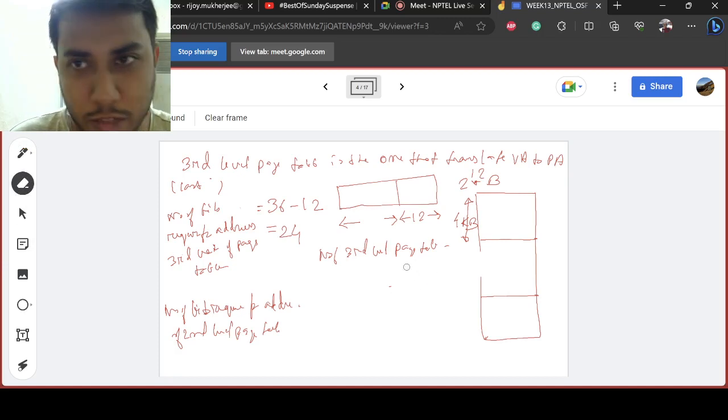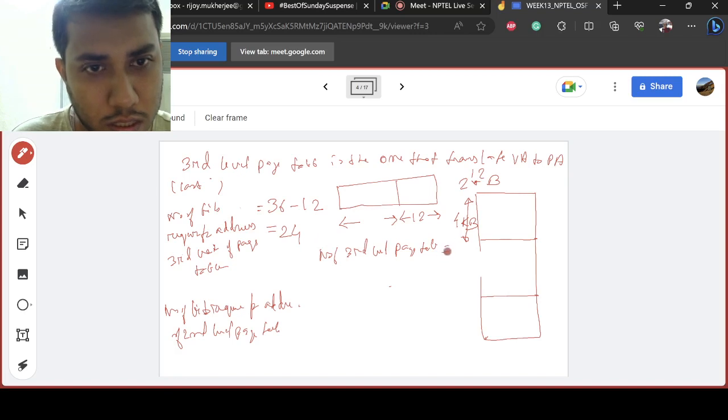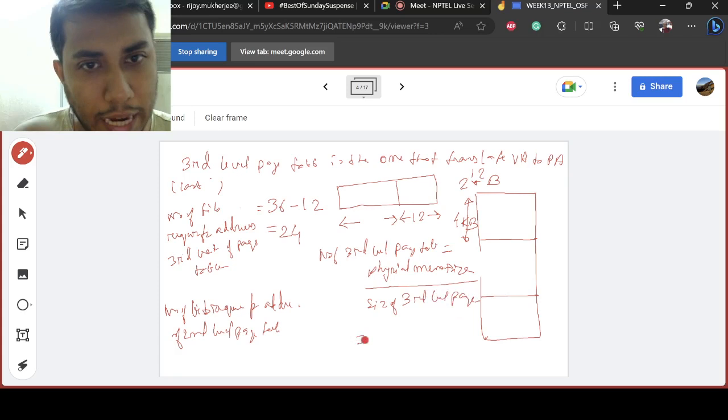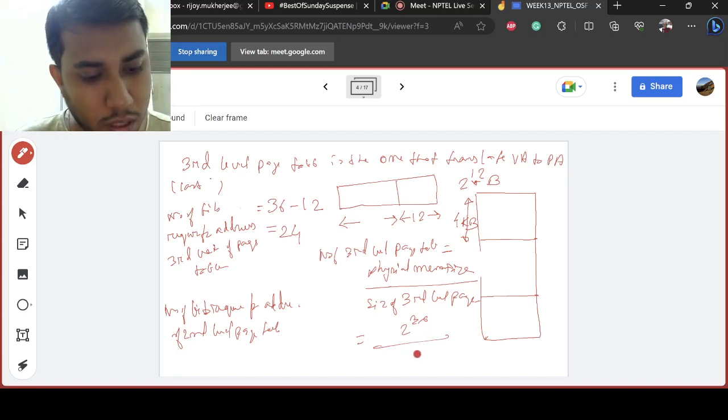Number of third level page tables is basically physical memory size divided by size of third level page. So physical memory size is 2 to the power of 36, and the size of a third level page is the number of entries in a single third level page, that is 2 to the power of 24, right, into the number of bits required.